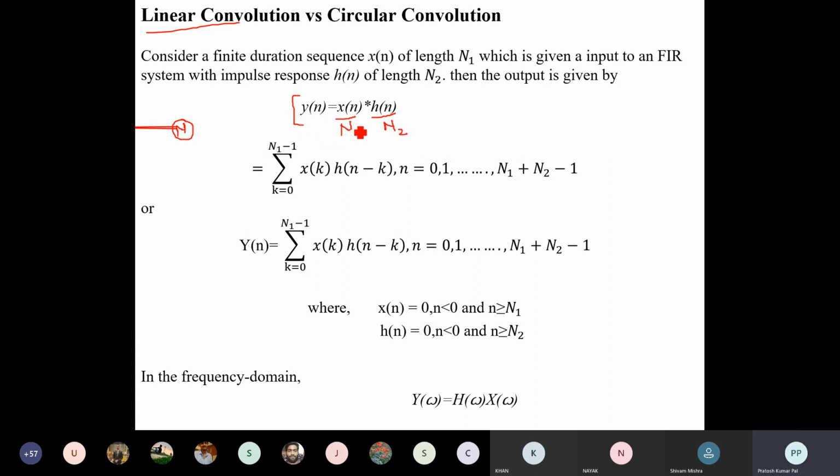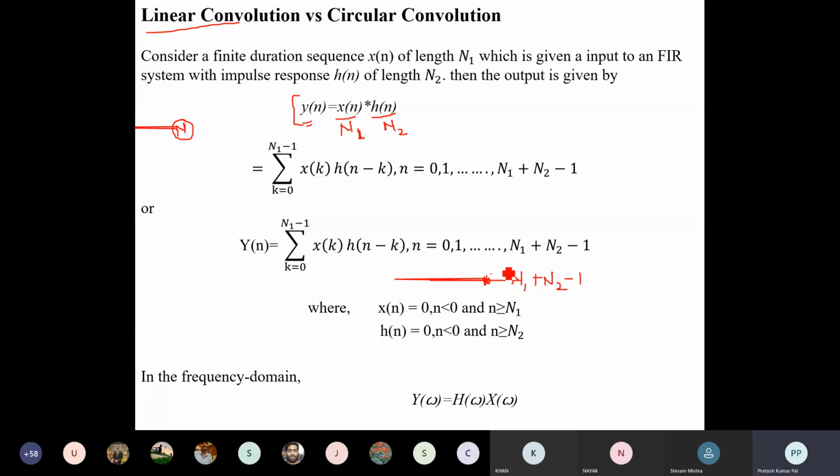Then after linear convolution, the y of n that we will be getting will be having a sequence length of n1 plus n2 minus 1.